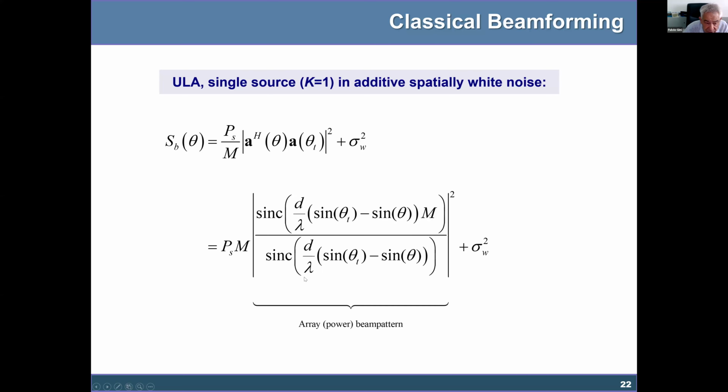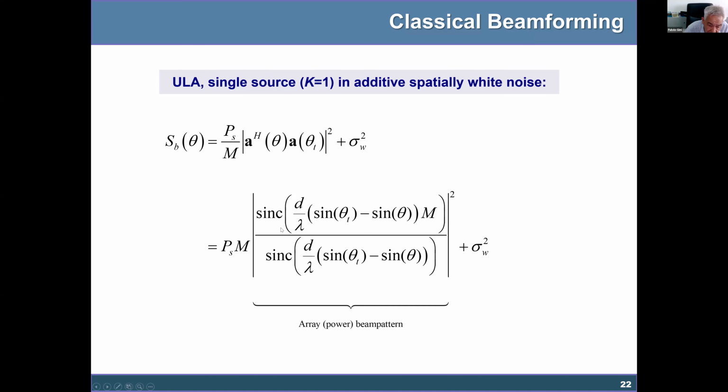So you have this term here, but this term here is nothing but what we defined as the array beam pattern. Actually, to be precise, because there is modulo square, this is called the array power beam pattern. Without the square, it is what we define as the array beam pattern, which is, remember, a sort of Fourier transform of the array response.